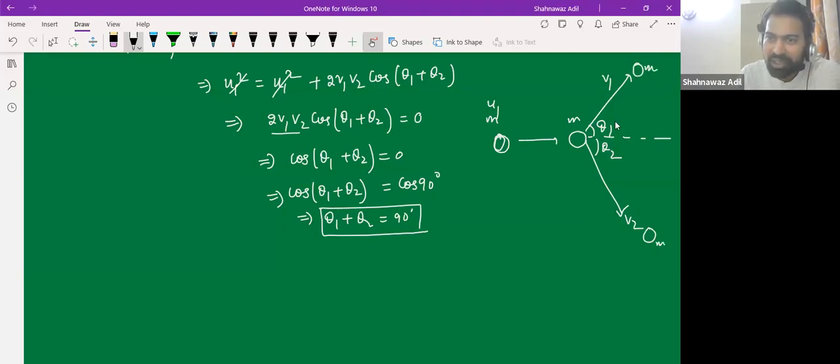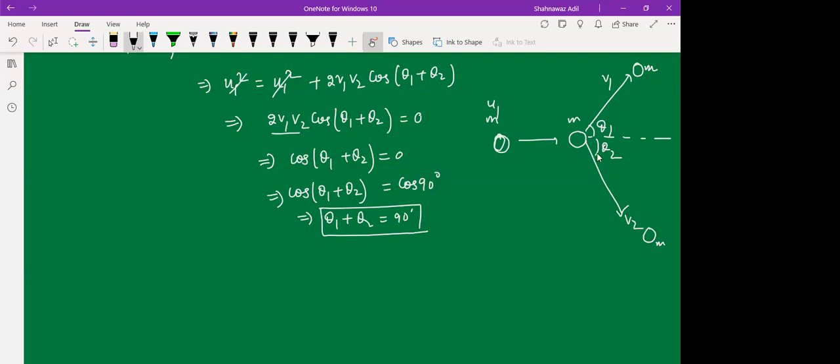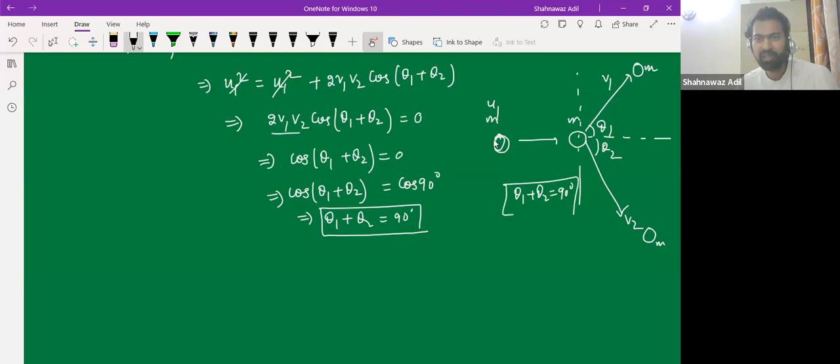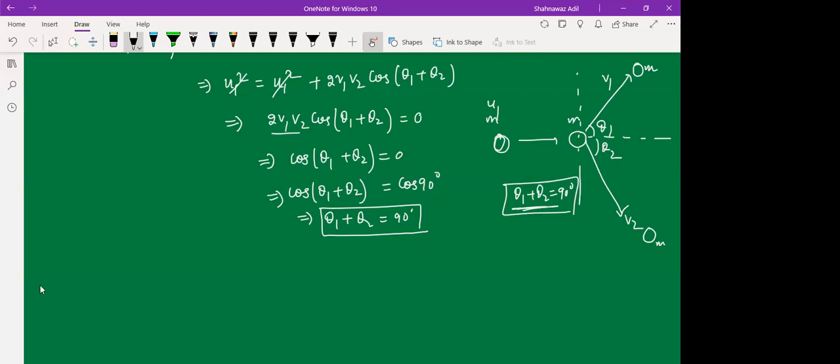This is not looking like 90 degrees, right? But the masses are the same. From the proof, or from this derivation, we know that theta 1 plus theta 2 would be 90. Whenever the masses are equal and they collide in an elastic collision, these angles sum up to 90.